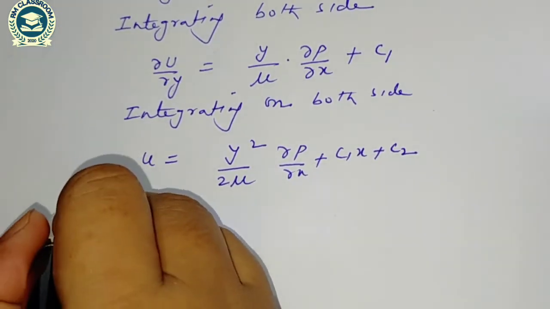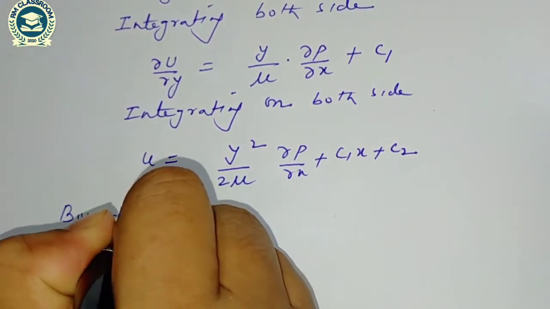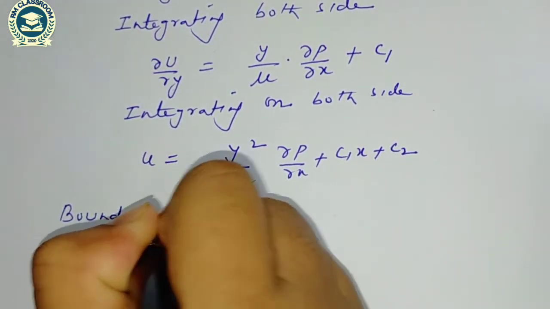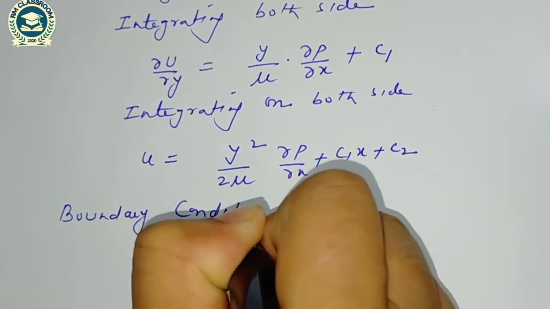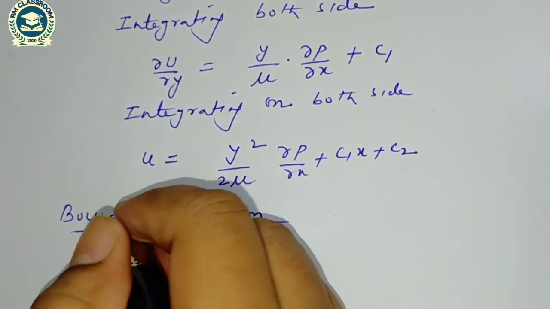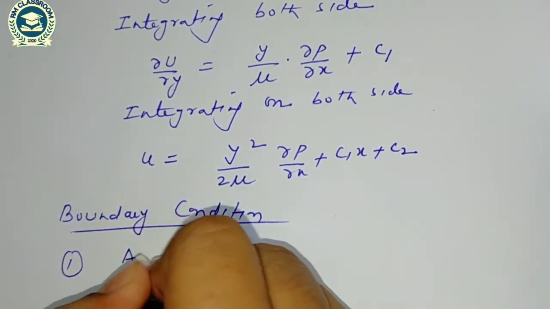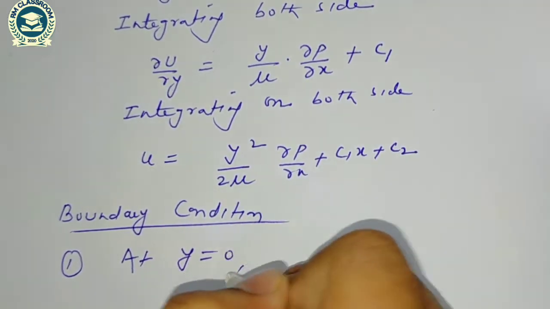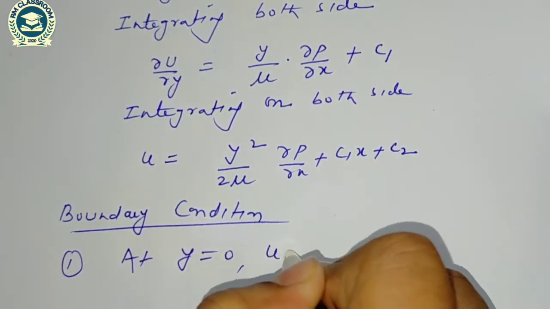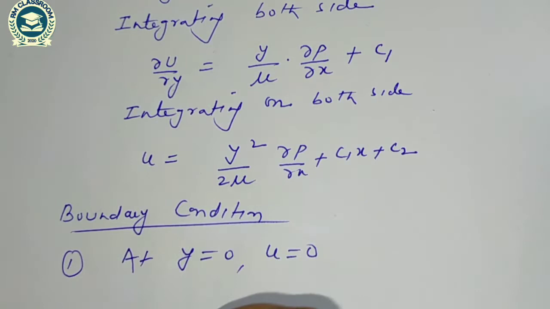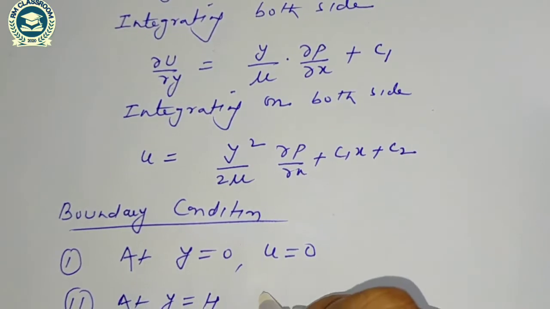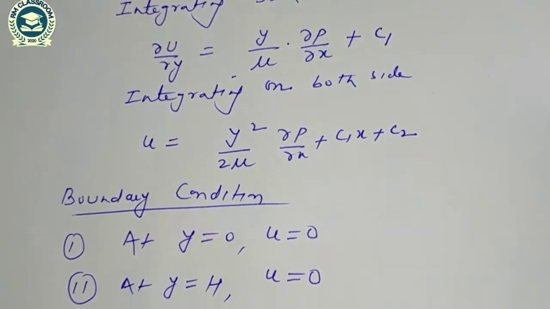So we have to apply the boundary conditions. What are the boundary conditions? At y is equal to 0, our velocity will be 0. And the second boundary condition, at y is equal to h, our velocity is once again 0.